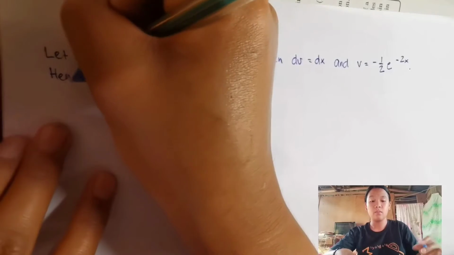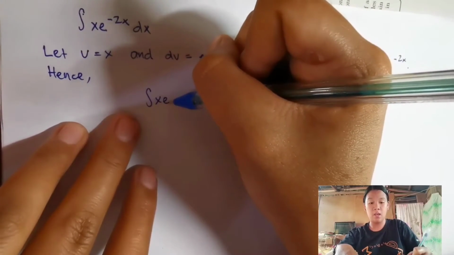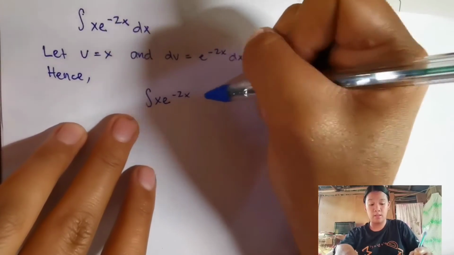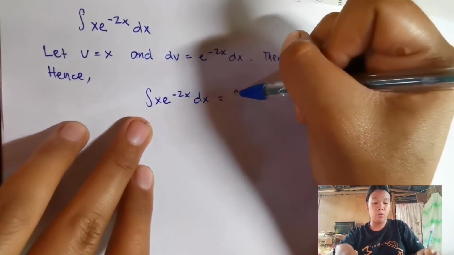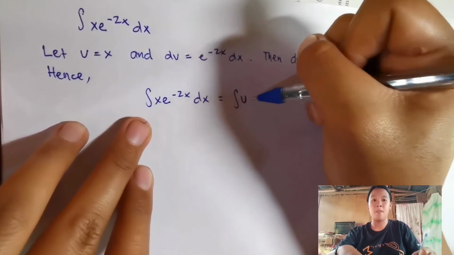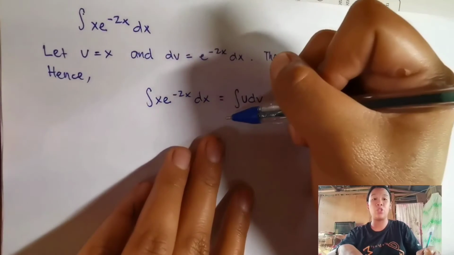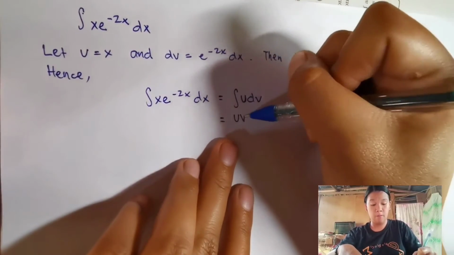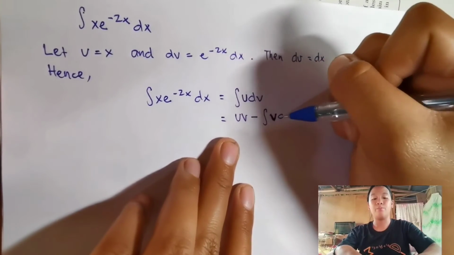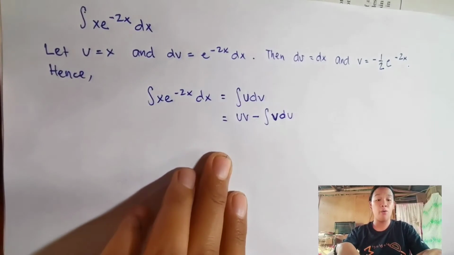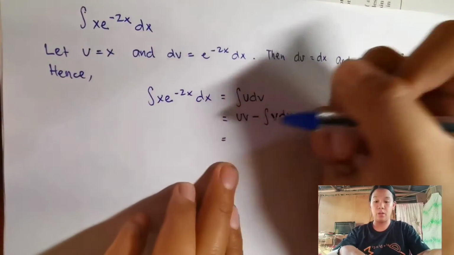Hence, the integral of x e raised to the power of negative 2x dx is equal to the integral of u dv. The next thing to do is use the formula of integration by parts, which is uv minus the integral of v du. Then substitute the values of u, v and du.